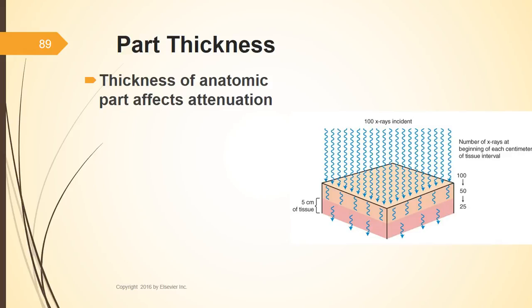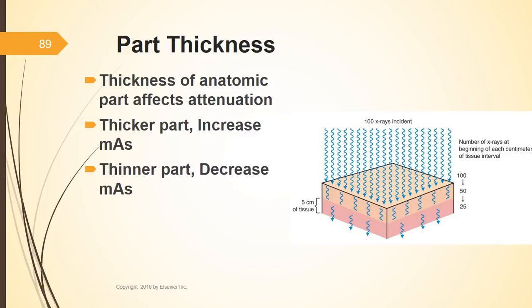So we've talked about attenuation before, but a thick part absorbs more radiation where a thin part transmits more radiation. So with a thicker part, to maintain exposure, you have to increase your mAs. In addition, with a thinner part, then the mAs must be decreased.